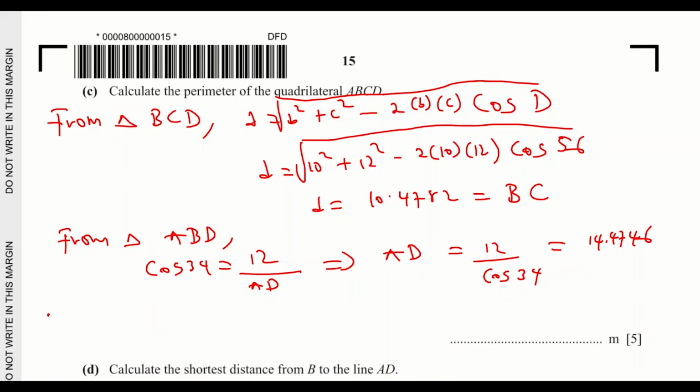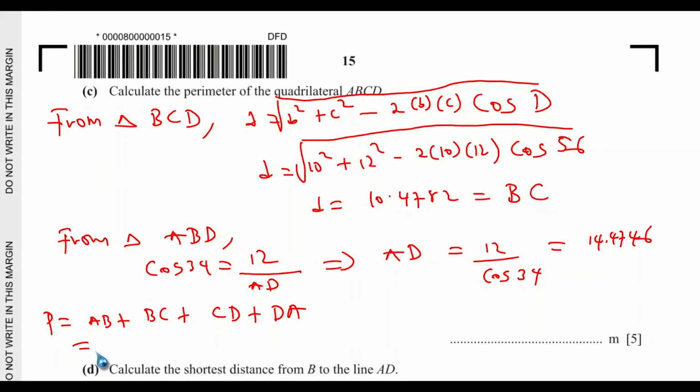So you can actually add the four sides together now. So you can say the perimeter will be equal to AB plus BC plus CD plus back to DA.